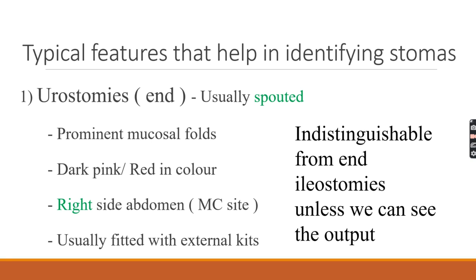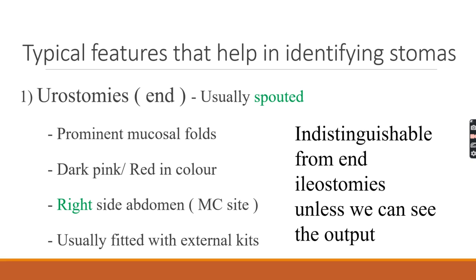The important thing here is it is very difficult to differentiate between end ileostomy and urostomy unless we see the content of the output, whether that is urine or intestinal mixed content, right? It is very important to differentiate between the urostomy and ileostomy.